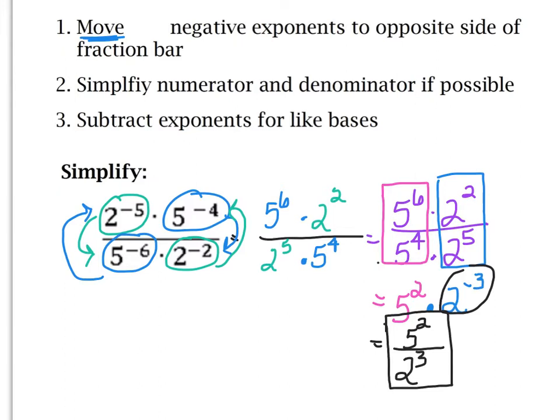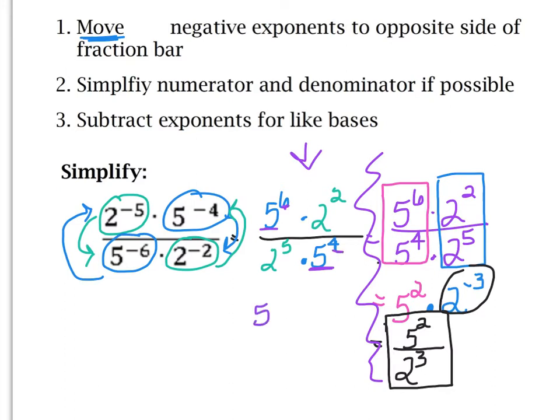Lots of steps, lots of little things to take into consideration. Now to go back real quick, if I were to not rewrite this part with my like bases, you can still do it the same way. You can say, all right, I need to divide with my 5, my bases, so I'm going to worry about those exponents, my 6 and my 4.